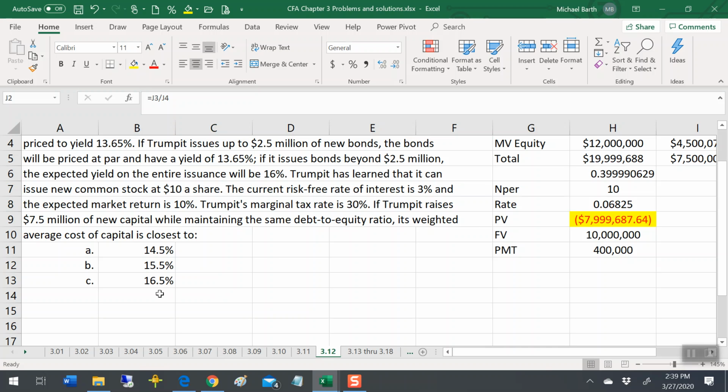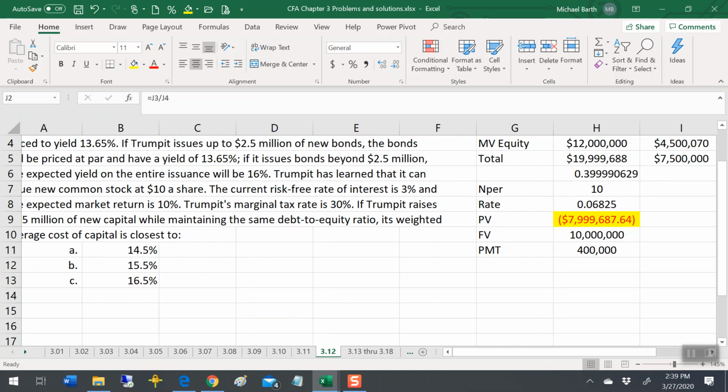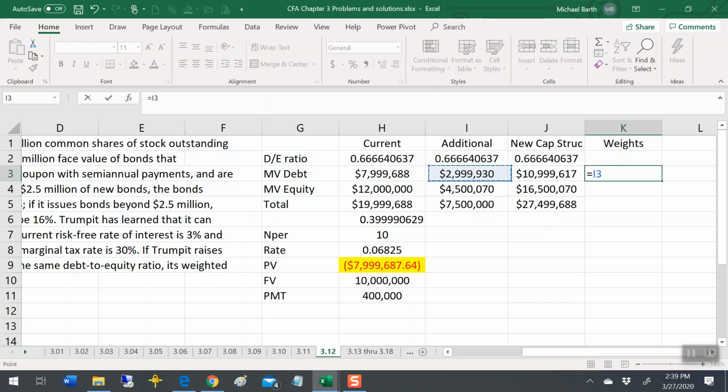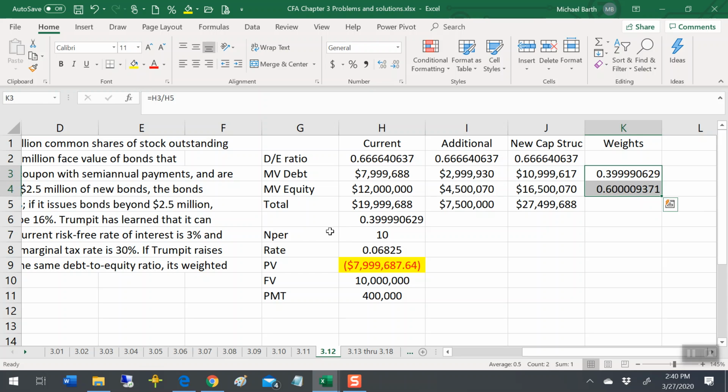So if I want the weights of debt and equity, debt is 40%, equity is 60%. All right, now I'll make this look a little bit prettier.